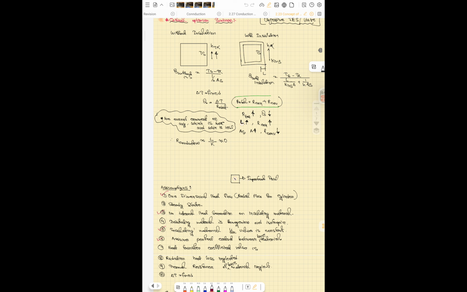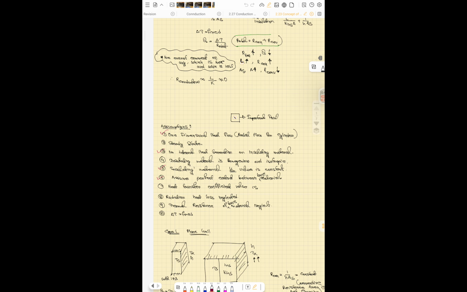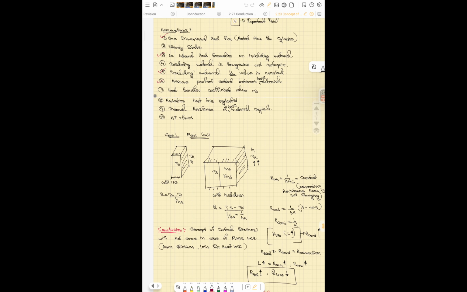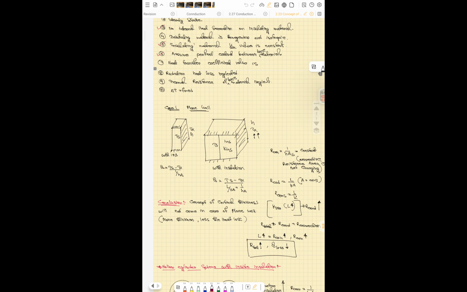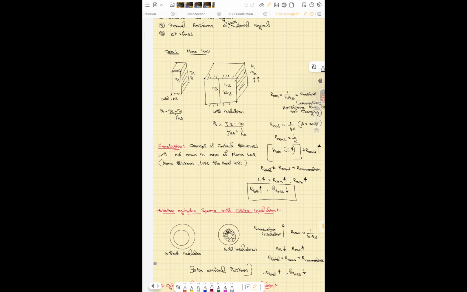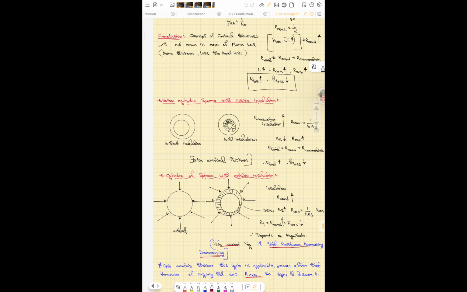For the one dimensional steady flow assumption, pause here and read it once, so you don't forget. All these things are written here. Conclusion: the concept of critical thickness will not come in case of a plain wall, where more thickness means less heat loss. For a plain wall, more thickness gives more resistance.